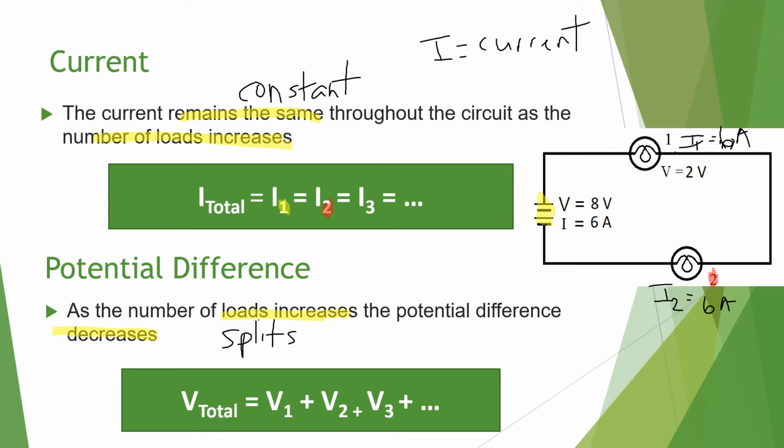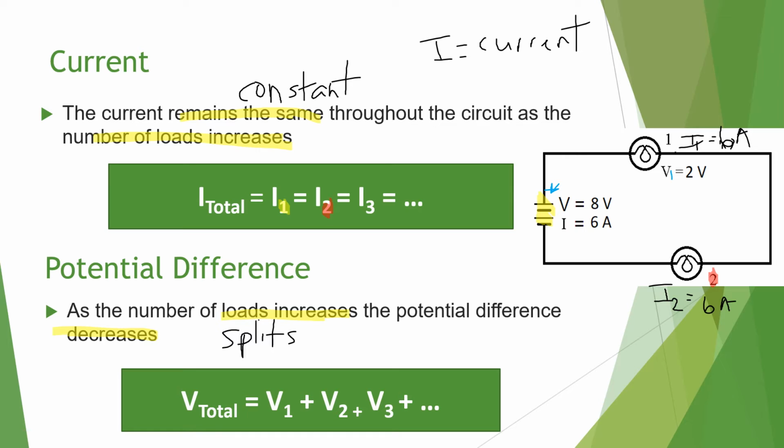In this case, if we look at voltage here, the voltage at the energy source is 8 volts. The voltage at the first load, V1, is 2 volts. And we know that the voltage at all the loads combined is equal to the total voltage.